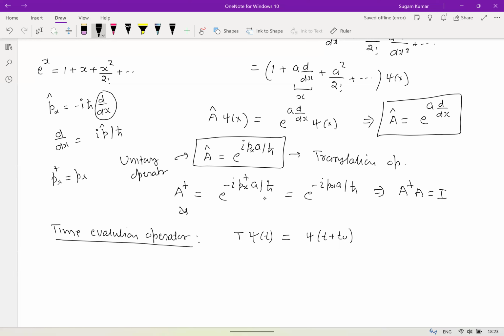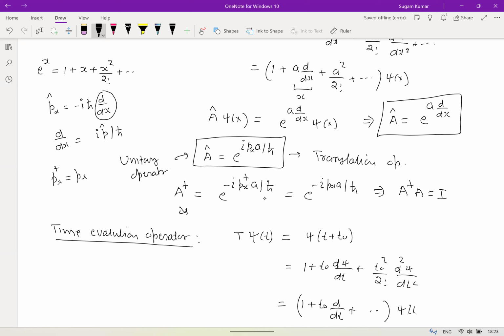The same logic applies here; expand it. It is going to be 1 plus t naught d psi upon dt plus t naught squared by 2 factorial d squared psi upon dt squared and so on.